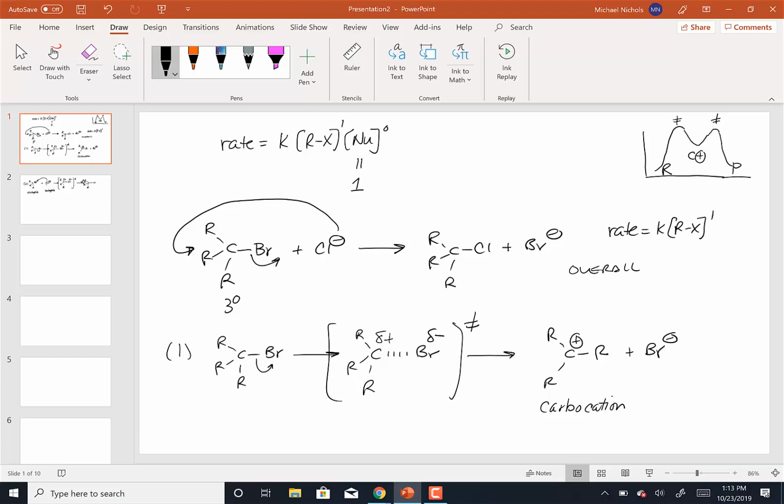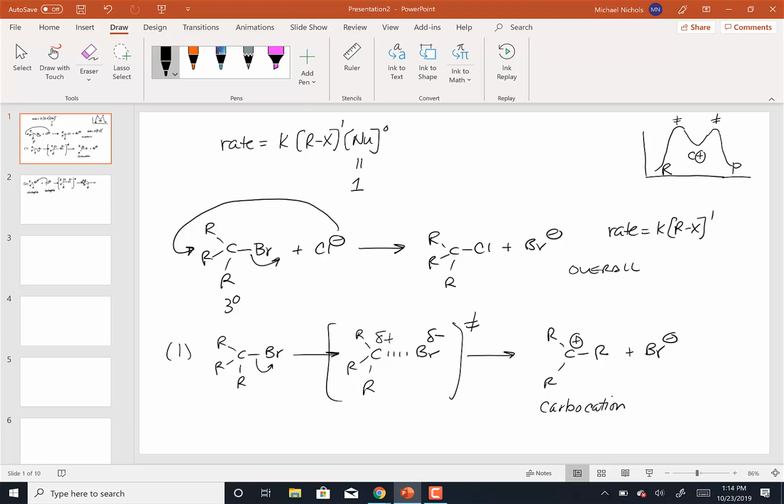What's the valley? The valley is what we call the carbocation, and it would be called an intermediate. So intermediates are the species that are formed in one step and react in the other step to form the final product. So intermediates are the valleys.